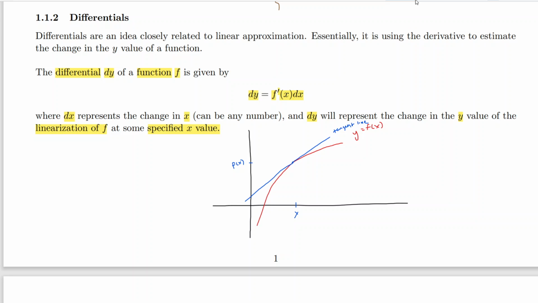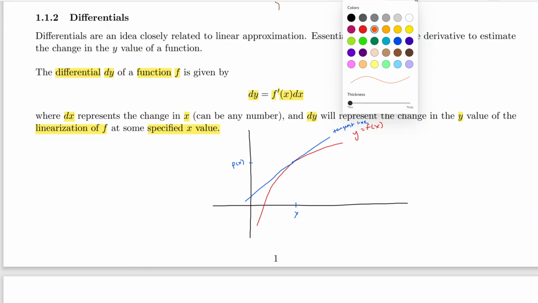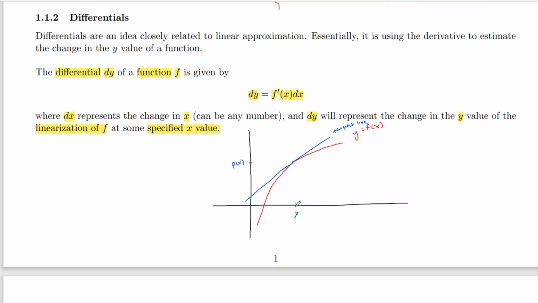And the idea is the following. Let's say you wanted to estimate a close value on your function. We'll call this x plus a. Don't worry about it being related to the previous part about that a. But let's say we wanted to estimate this f of x plus a value.